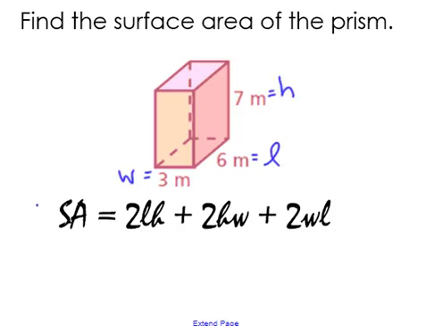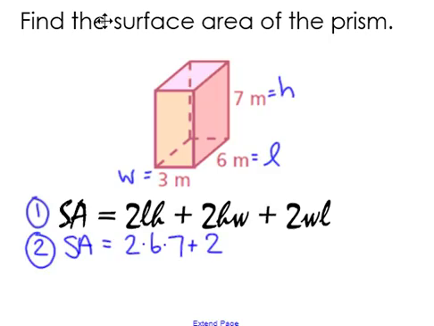And then for step 2, we'll start plugging in all of those values. So 2 times 6 times 7 plus 2 times 7 times 3 plus 2 times 3 times 6. Okay, we'll go ahead and simplify everything.